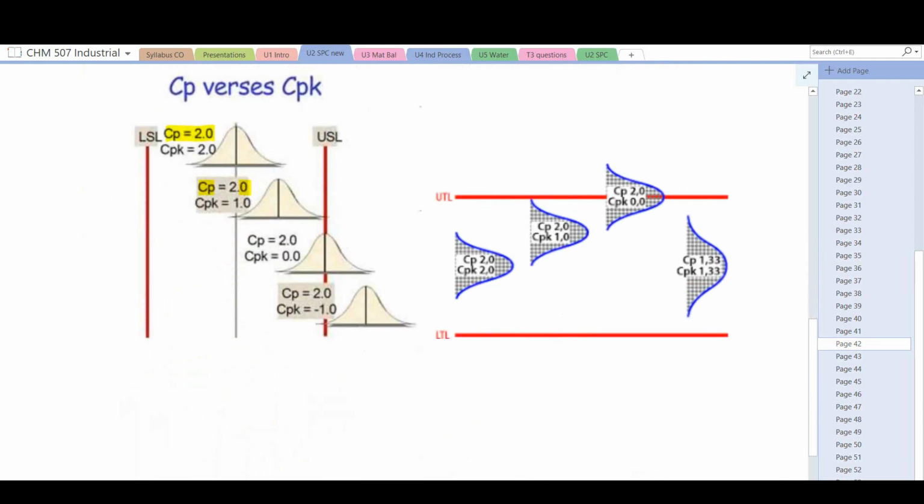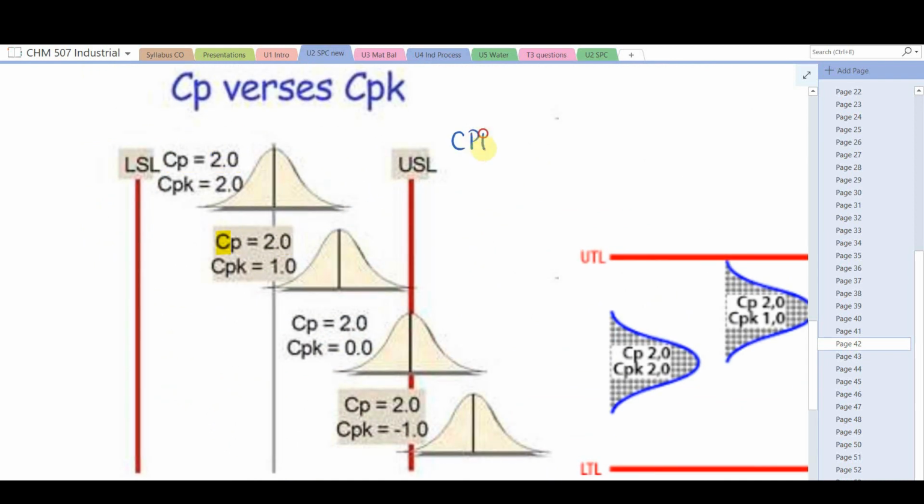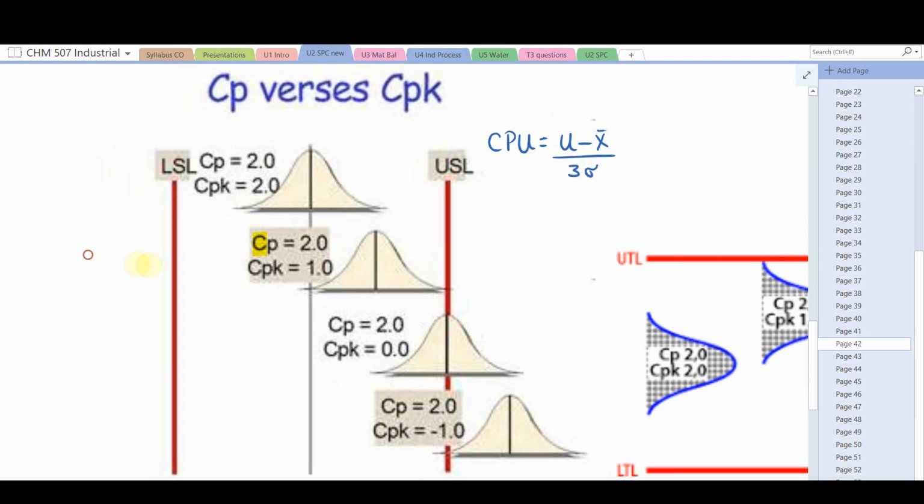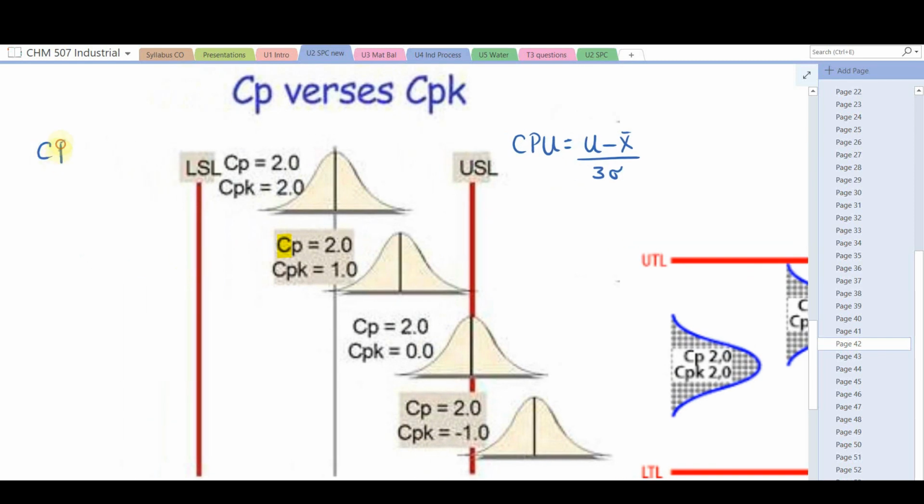Let's look at this in our examples here. Cpu is equal to the upper spec limit minus x bar, process mean, divided by 3 sigma. And Cpl is equal to the process mean minus the lower spec limit over 3 sigma.